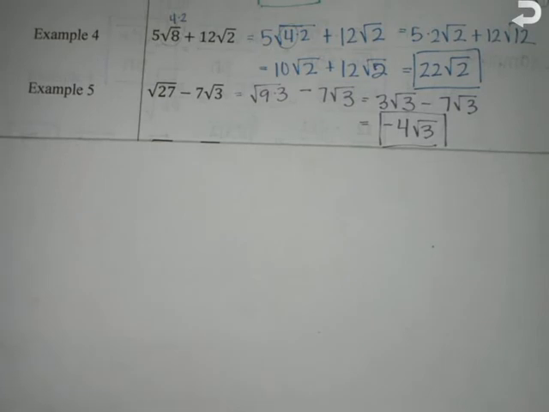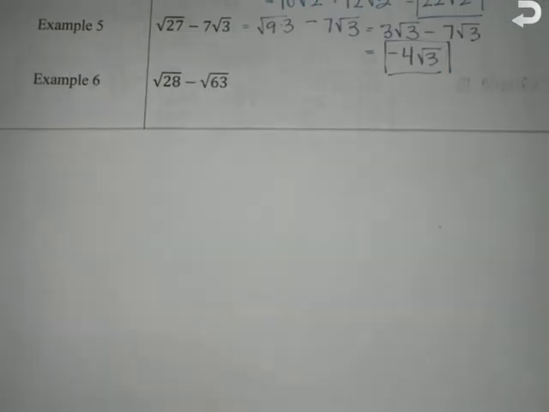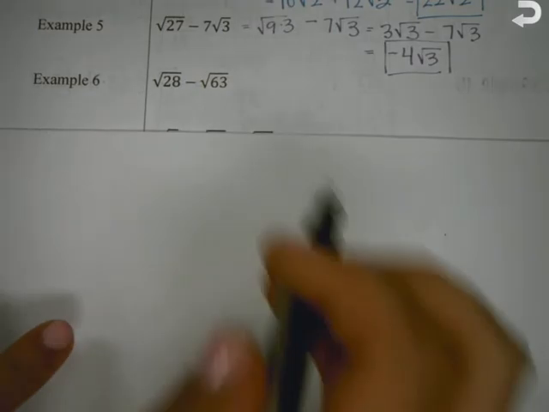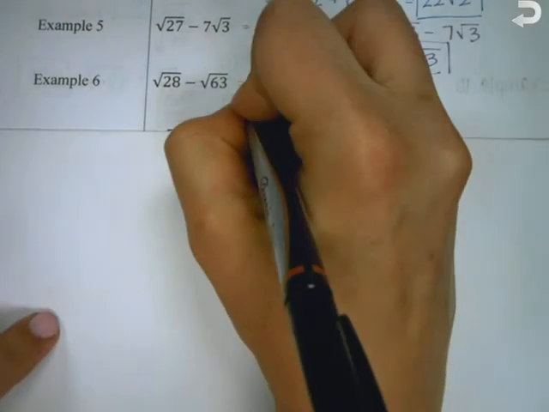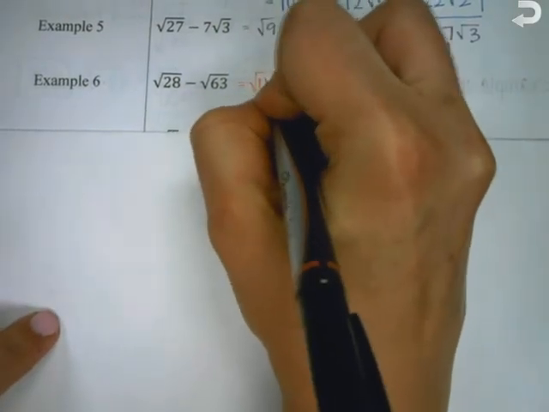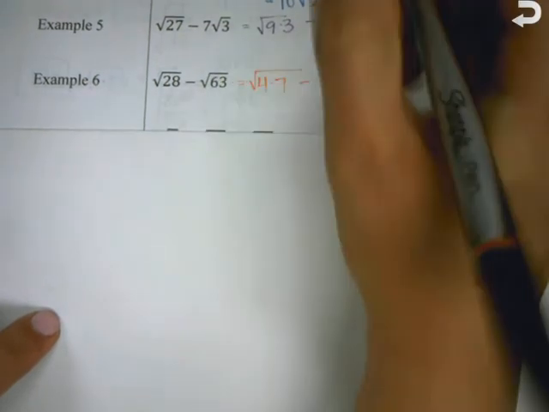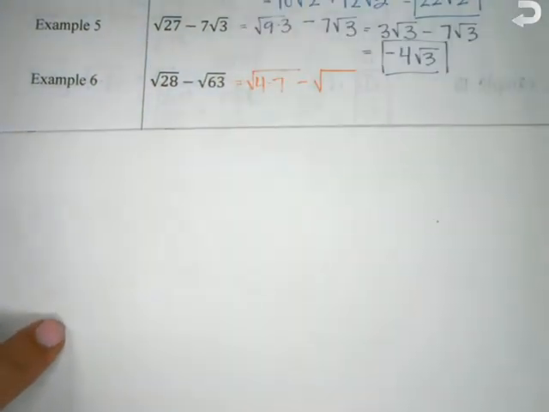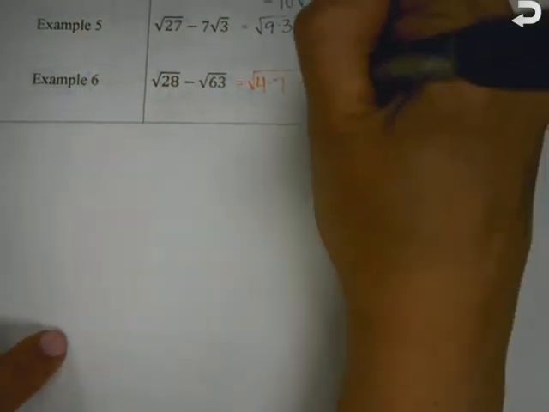Okay, square root of 28. How does that break down? 4 and 7. So this is square root of 4 times 7 minus, what about 63? How does that break down? 9 and 7. So this is 2 root 7 minus 3 root 7.